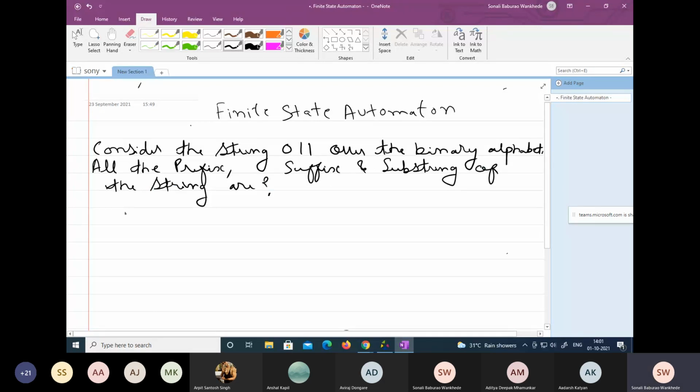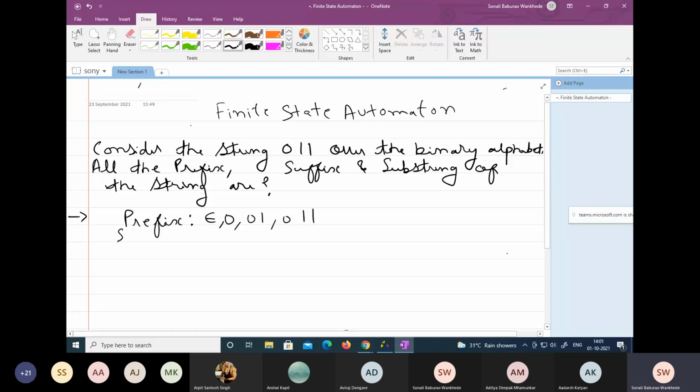Okay, so first we will begin with prefix. The solution goes this way. The string given to you is 011. My prefix values will be epsilon, the empty string, then 0, then 01, then 011.